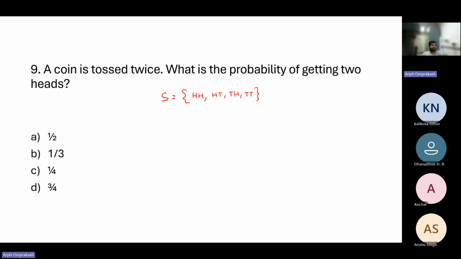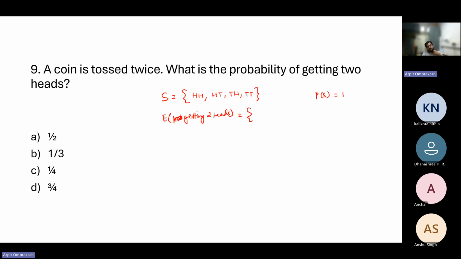So if you toss a coin, according to the rules of probability, we know that probability of sample space will be equal to 1. So any of this will happen because this is the sample space. So we are given, what is the probability of getting 2 heads. So let's say we have an event, which is called getting 2 heads.